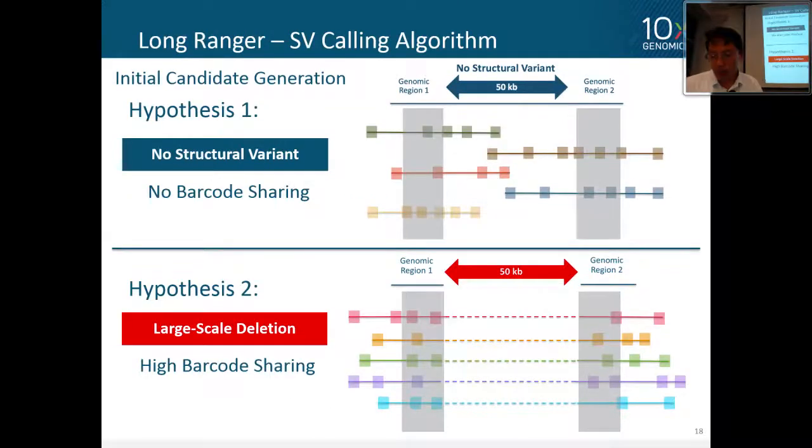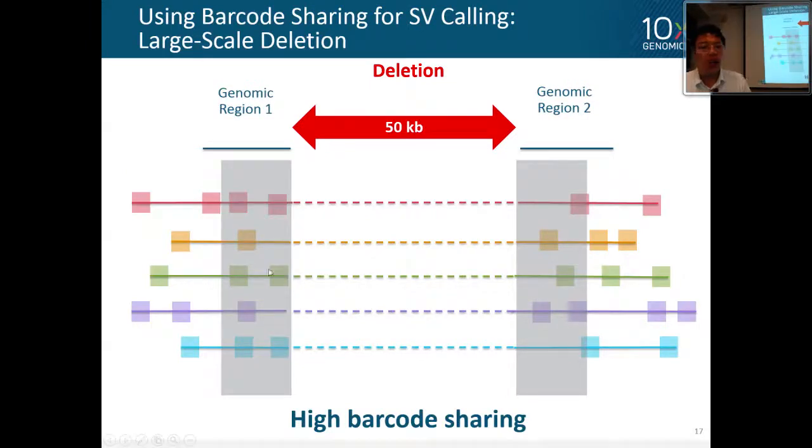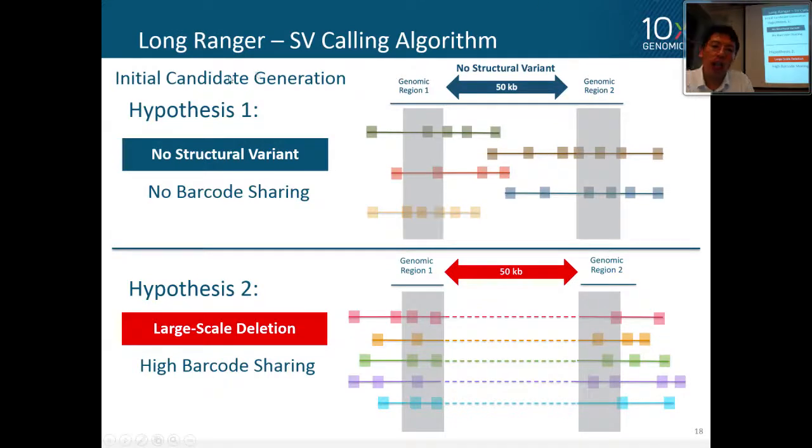So it could be that for some of the reads we see this very high level of sharing, but for some of the reads they are not sharing at all, because one of the alleles has this 50,000 base deletion. So the data that we are observing is: if there's no structural variation, these two parts don't have any barcode sharing, but once there is a deletion, there will be a high level of barcode sharing. So that summarizes the previous slide.